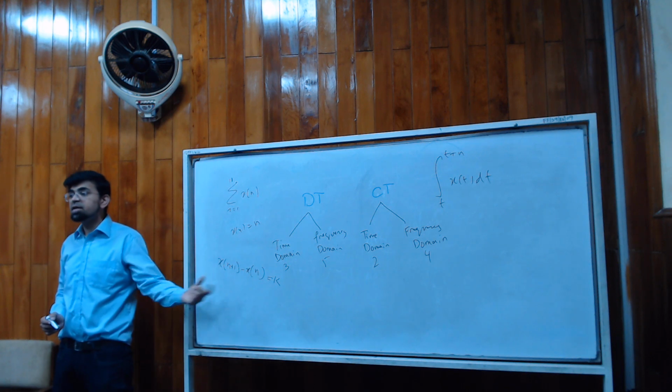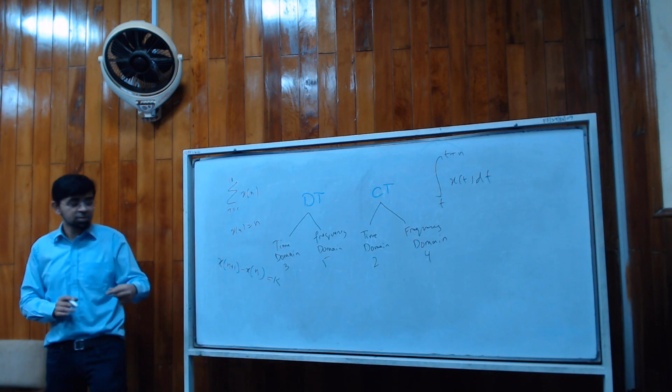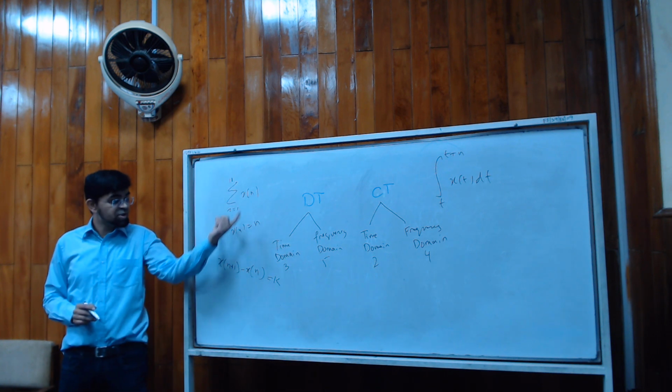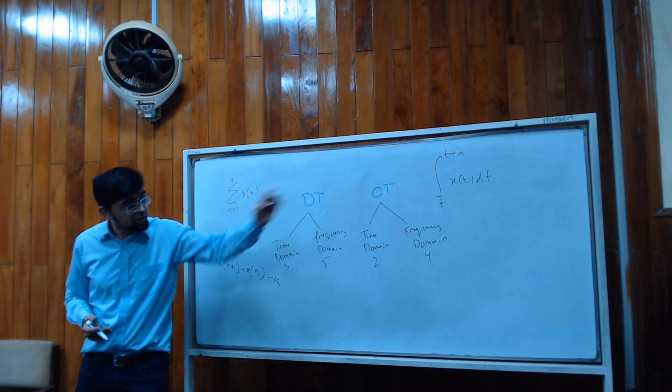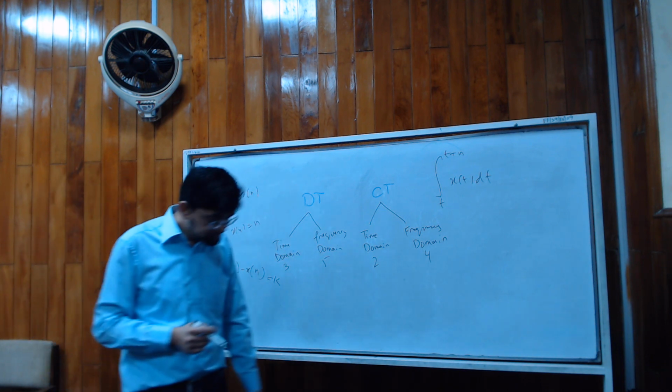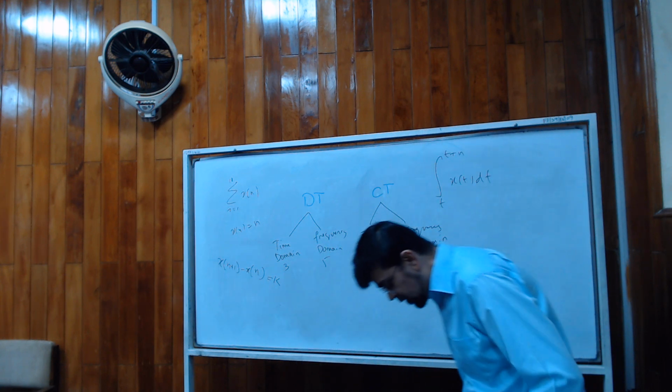This we call a difference equation. In discrete time systems, you have summations and differences. Yeah, summation in continuous time replaced by integral. So can you guess what is difference replaced by?